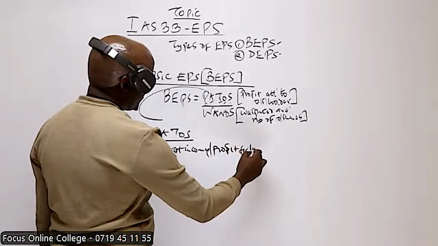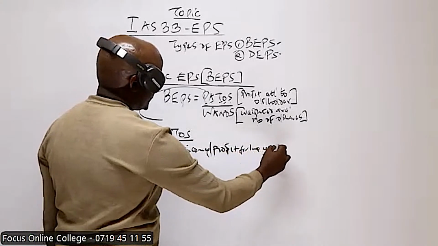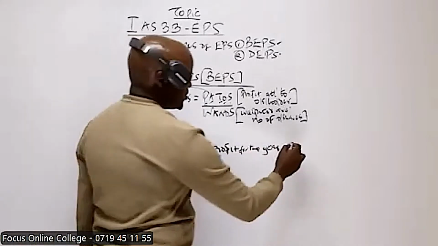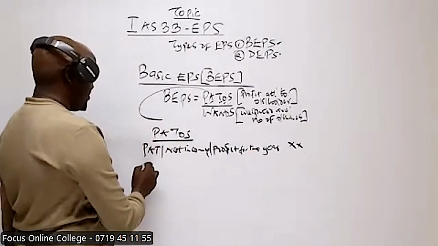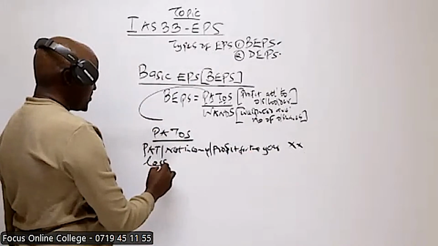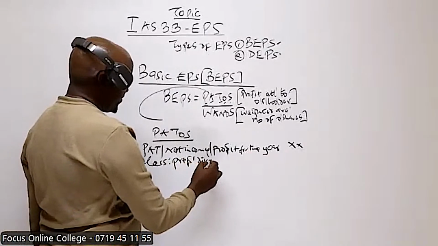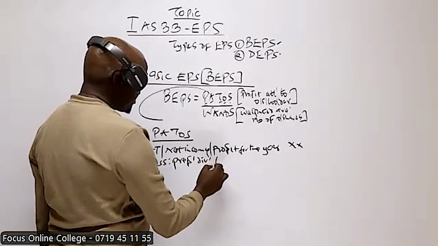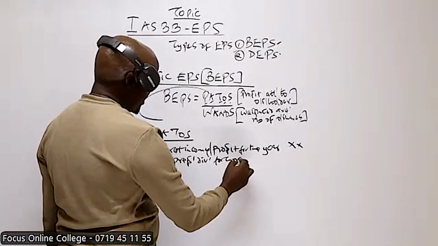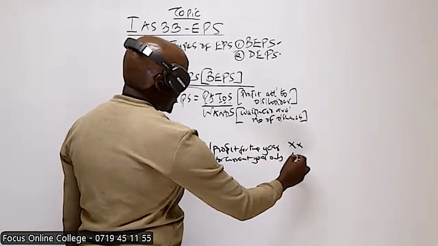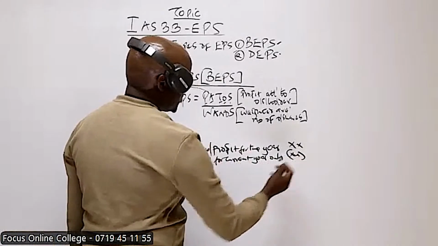The examiner can use any of those words, but they all mean one and the same thing. To this, we left two items. We left the preference dividends for the current year only.